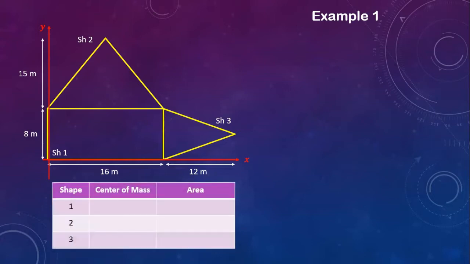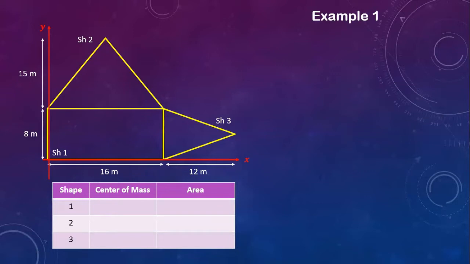To find the center of mass of this composite lamina, we are going to break down the information of shapes 1, 2, and 3 into lists: center of mass and area.